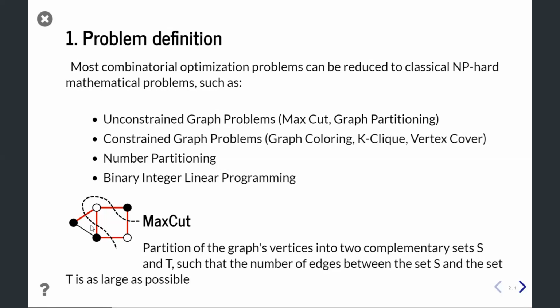You also have K-clique, which is the problem of finding Hamiltonian subgraphs in a graph, or number partitioning. All these problems seem very mathematical, but can have very practical applications.